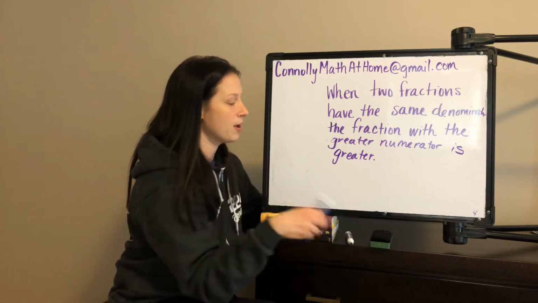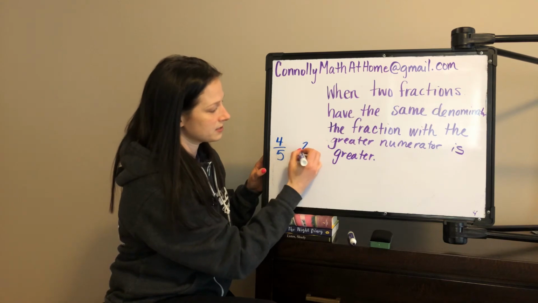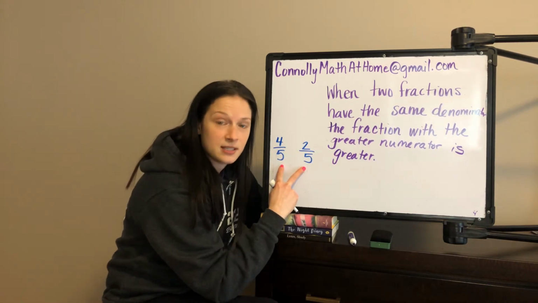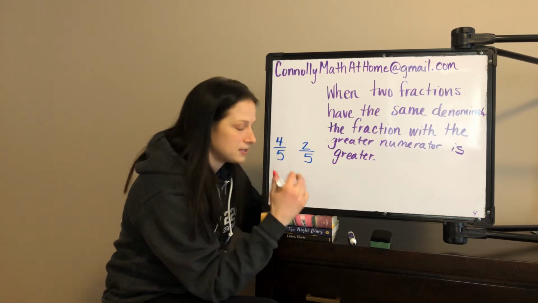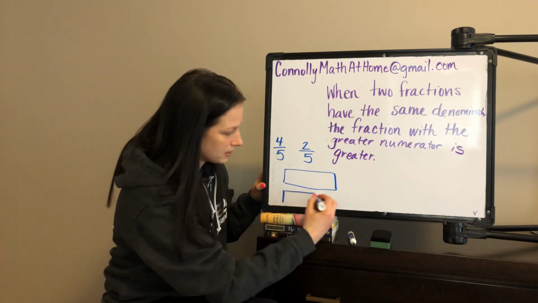Let's think about 4/5 and 2/5. Do we have the same size pieces? Are we cutting the whole into the same size pieces? Oh, I guess I'm making a long skinny rectangle this time.